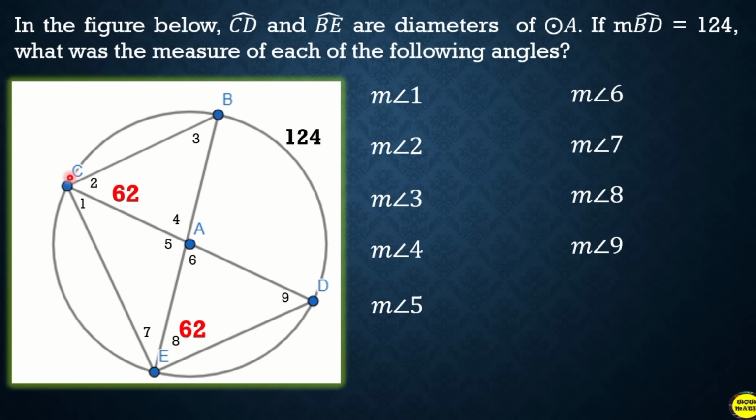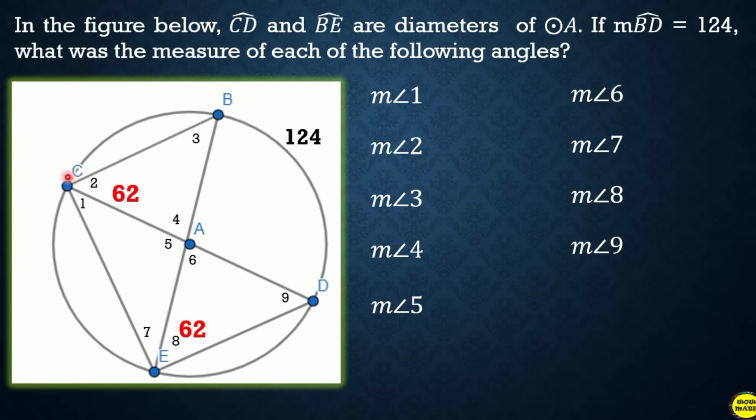So, apply natin yung concept ng semicircle. Since ang CD is diameter, so kapag may diameter tayo, ibig sabihin, hinati niya yung circle natin into 2. So, alam natin na yung buong sukat ng circle is 360 degrees. So, kapag hinati ng diameter, yung kalahati nito is 180.